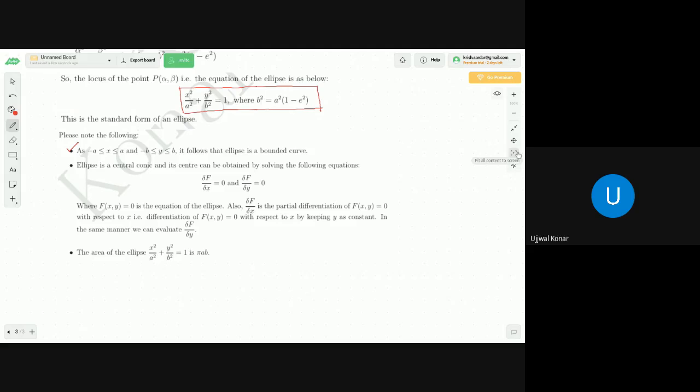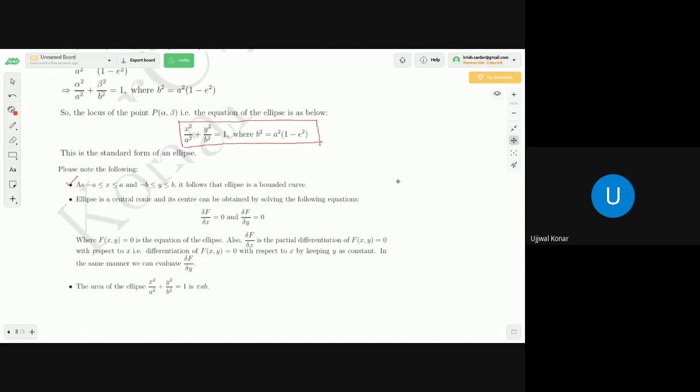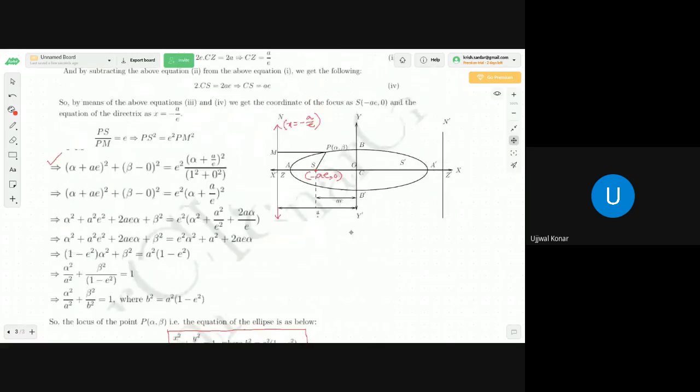So I can show you this by means of this diagram. If you see here, dear students, this is the point A and this is the point A dash, so x can vary between these 2 points, the extreme point A and the other extreme point A dash. The x coordinate of the point A to the x coordinate of the point A dash is the variation of the x coordinate of the ellipse.